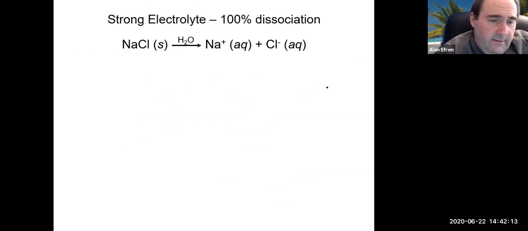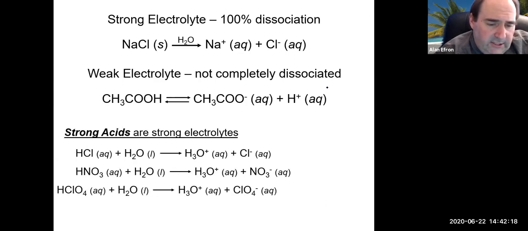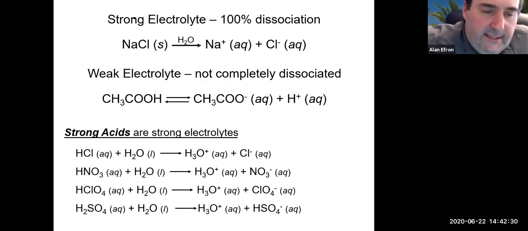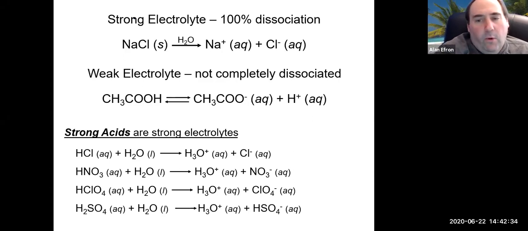All right, so let's talk a little bit about strong acids and weak acids and the relationships that we see here. A strong electrolyte, as you may remember, essentially means that when it goes for a swim in water, for example, it will 100% break apart into its ions.